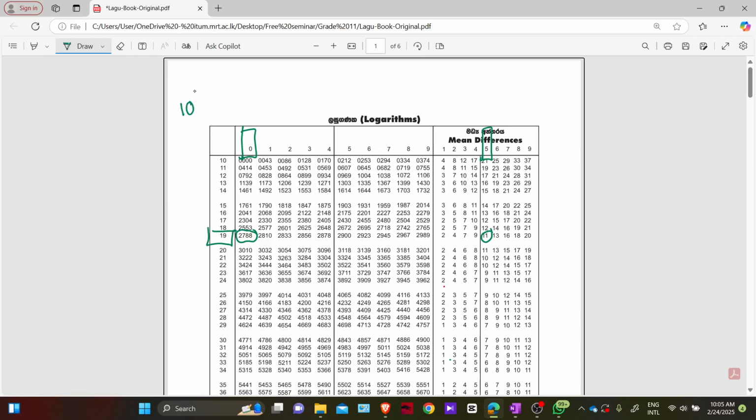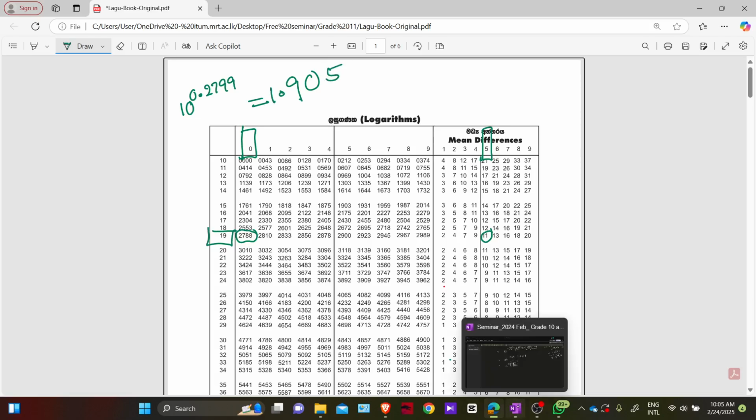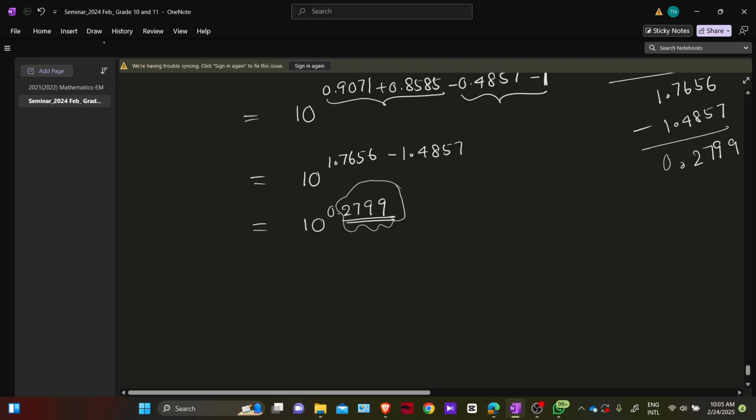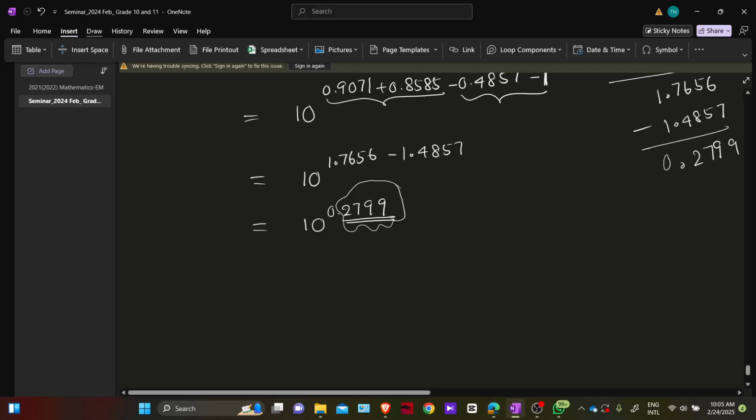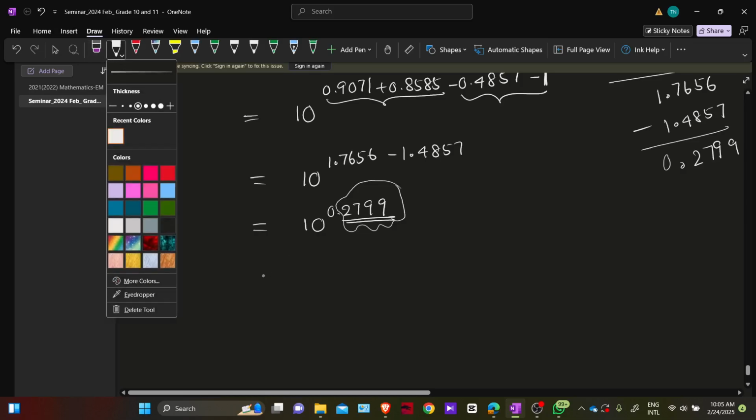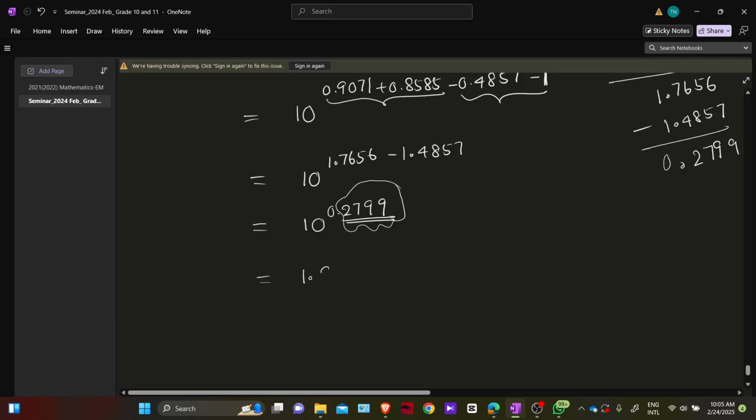So 10 to the index 0.2799 is equal to, write the first one, 1.9, then 0, then 5. That's the answer. 1.905, right?